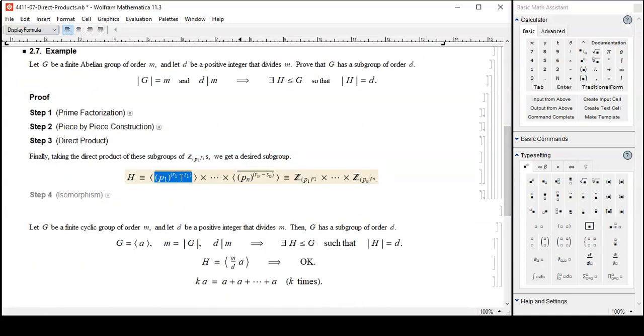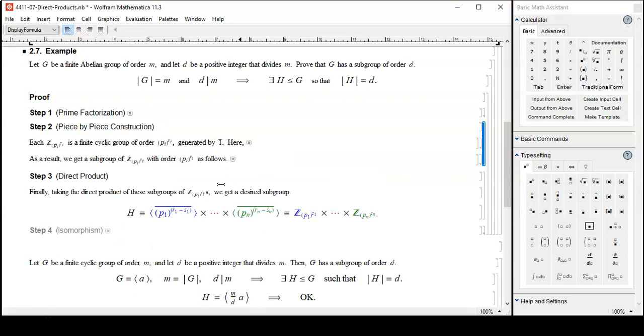So the first one here, highlighted in blue, like this. And then the second, third, fourth. And then the last one here, green, like this. And we can do that because each component is cyclic. For cyclic, we have the proof. Okay?